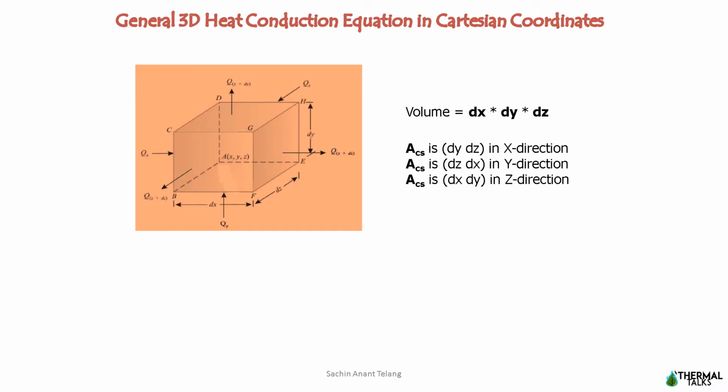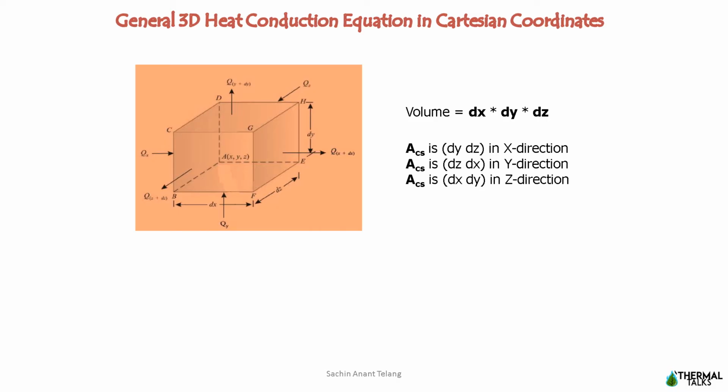So the area of cross section for x direction is dy times dz, for y direction dz times dx, and for z direction dx times dy. It is very important to know that in conduction the area which we consider is the cross sectional area which is perpendicular to the heat flow.